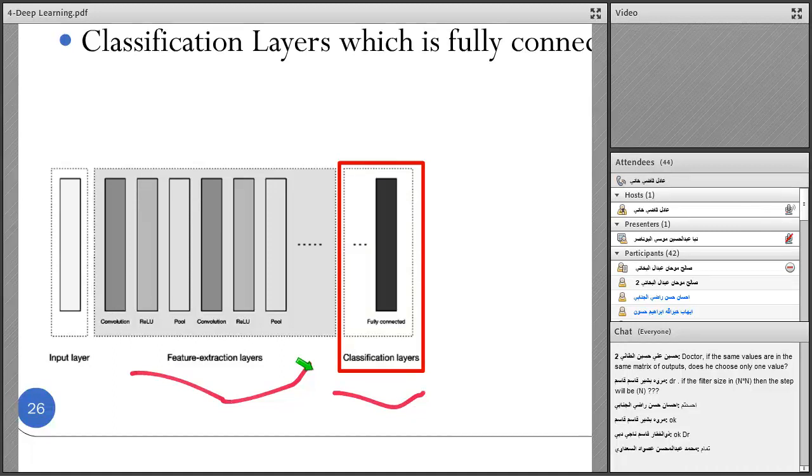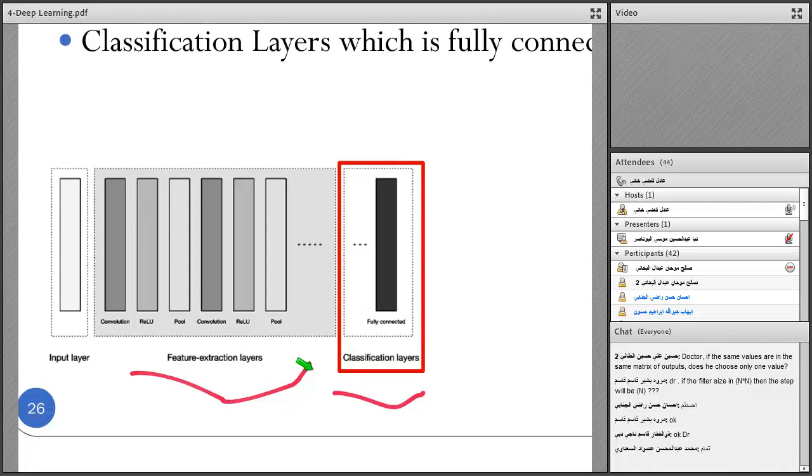For example, we have an image, and we want to say what is inside this image. The classification layers may have some hidden layers and an output layer, similar to the normal neural network.